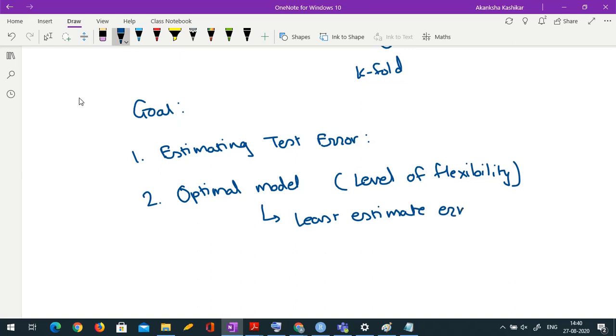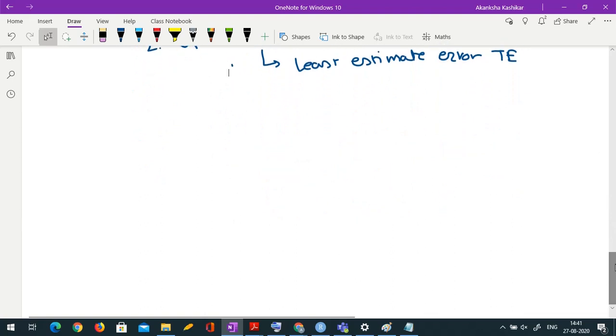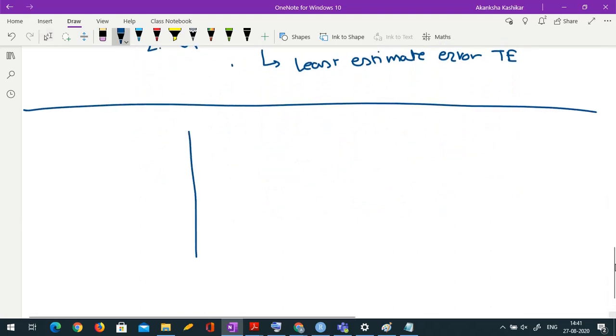It can be seen via simulations that even if the actual estimates of test error may be wrong, the point or the level of flexibility at which the error is minimum is more or less correctly estimated by LOOCV as well as by k-fold cross validation. I don't know if you are getting what I am trying to say. Let me try to draw a picture.